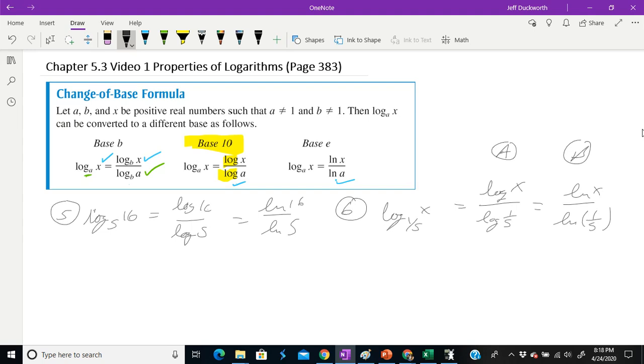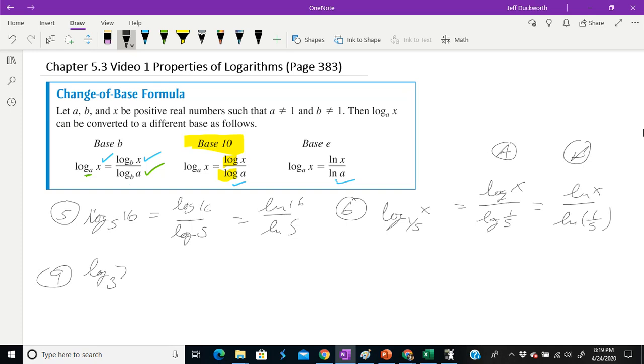All right, the next group of problems wants us to evaluate the logarithm using the change of base formula and round the result to 3 decimal places. So let's do one of those, and I'm going to make up one we can actually do by hand. So let's do number 9. Number 9 is log base 3 of 7.